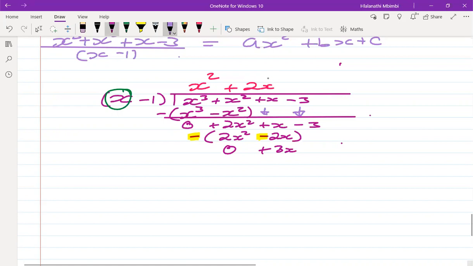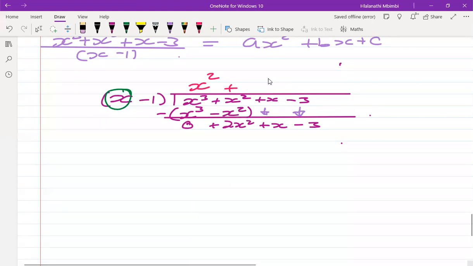So you take this guy, you divide it by that, and then you get that 2x. You take that 2x, you multiply the whole entire bracket, you get the 2x squared minus 2x, and then you put brackets, you put a negative there. You say 2x. It's fine. I'll start it again just for you to make more sense of this. So you will take this guy over here, and divide it by your x, the green one.